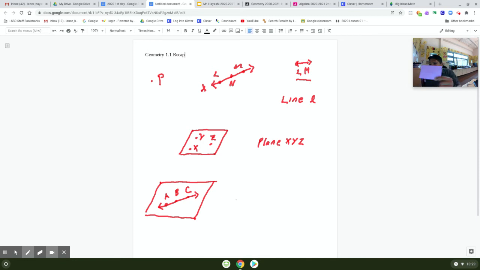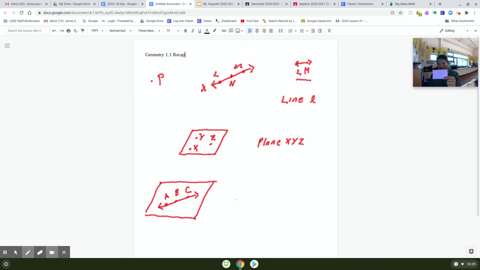If you could see that, I have my line ABC in that plane. Points A, B, and C are all on the same line, therefore they are collinear. But if I tried to name this plane ABC, this sticky note is not the only plane that contains those 3 points or that contains that line.